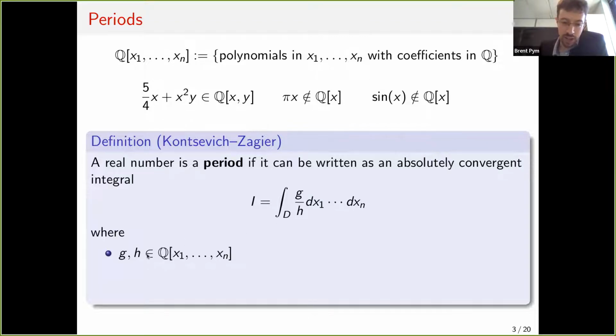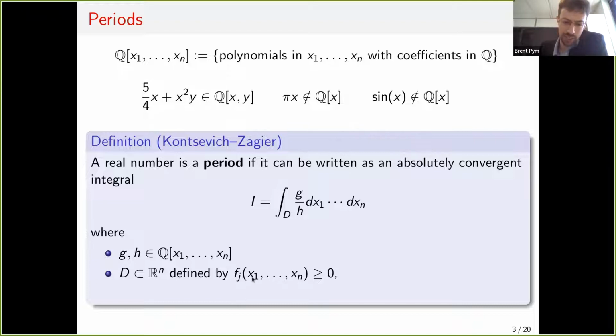And here g and h are both polynomials as above, so they're rational polynomials. So this is a rational function with rational coefficients. And D itself is some domain in R^n, which is also defined by rational polynomials.